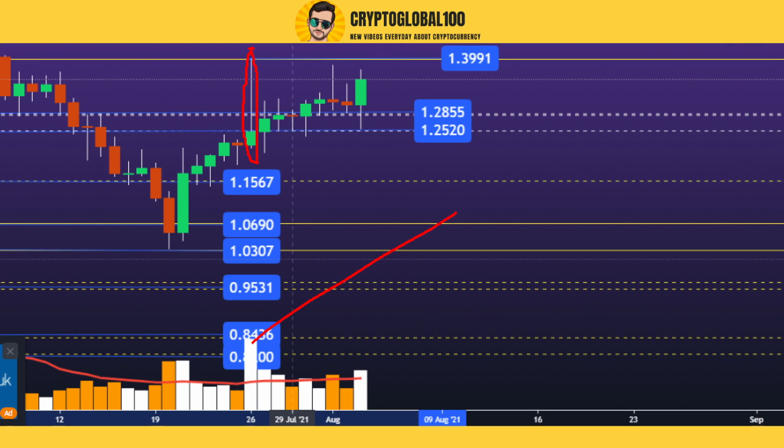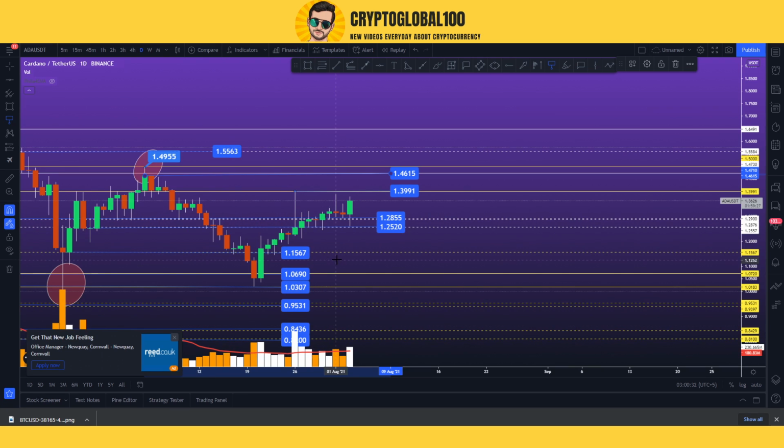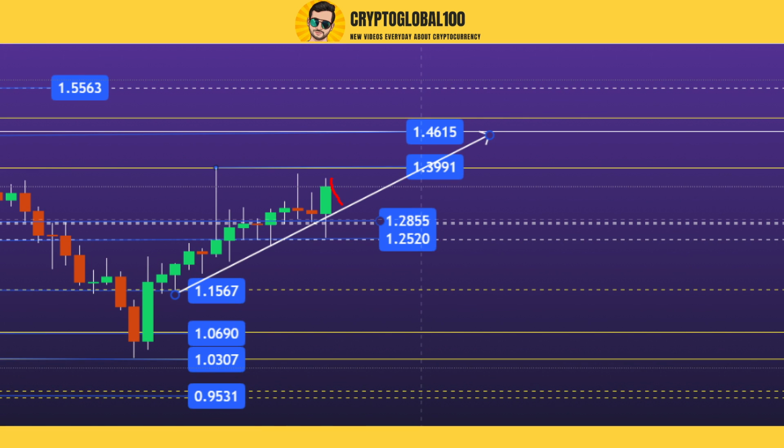But at the end of the day this was a green candle and buyers took the victory, and that's why the price kept moving upward. It is in the uptrend.